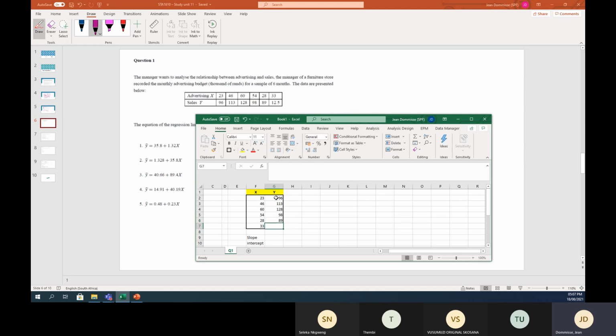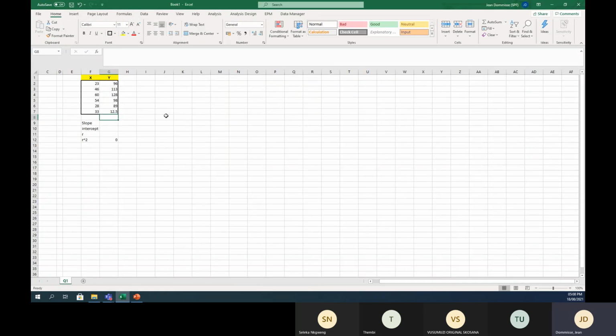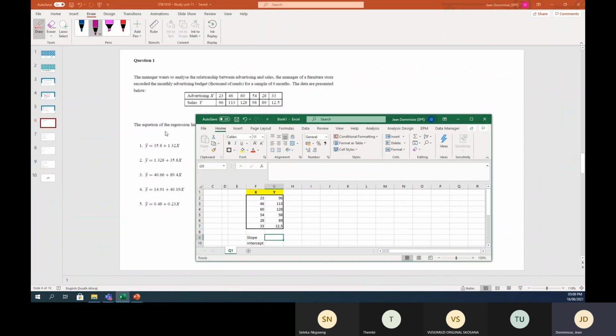Some other calculators work that you first put in all your X's, and then you put in all your Y values. But for me, I like to work with Excel, because that is much easier. So what I've done is I said, okay, we need to look for the slope, we need to look for the intercept, and I'll also add the R and R square, even though it's not in this question, in case you need it for other questions as well.